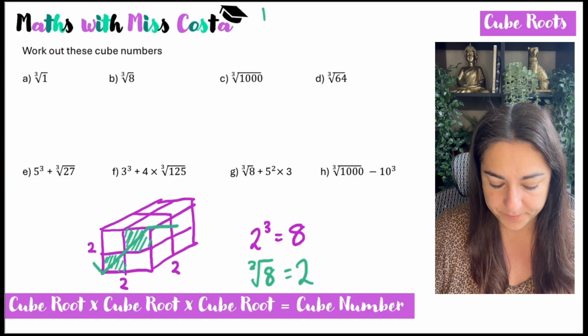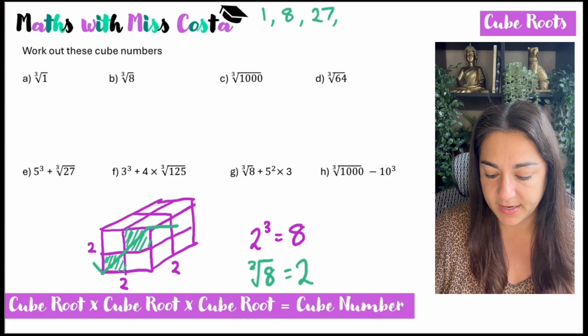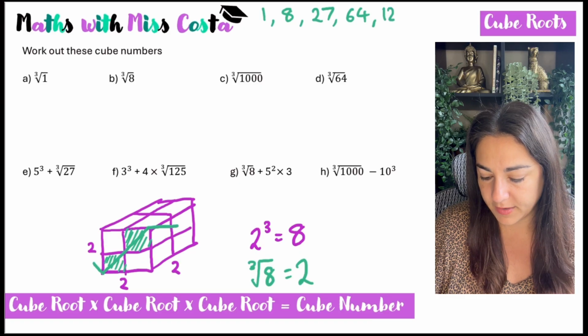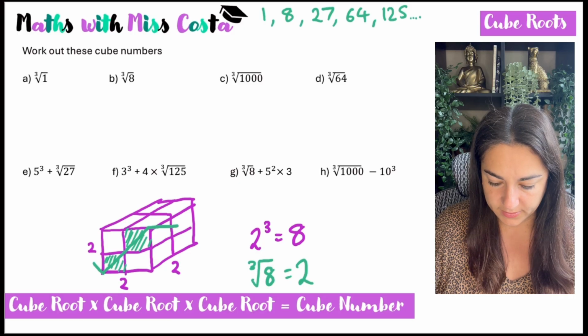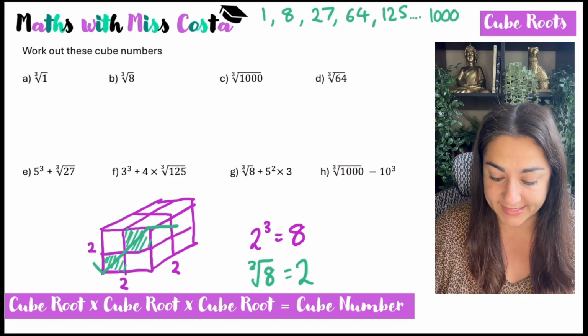So you've got 1, 2 times 2 times 2 is 8, 3 times 3 times 3 is 27, then you've got 64, 125, and going on and on and on. Do we have any higher ones? No. So I'm just going to put 1,000 as well, because we know that the cubed root of 1,000 is 10.